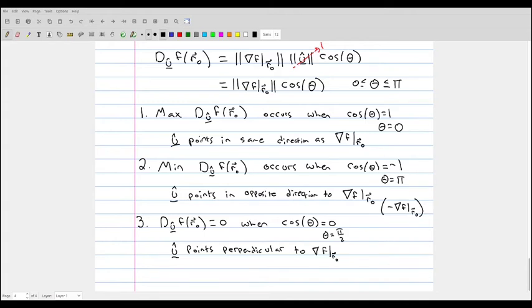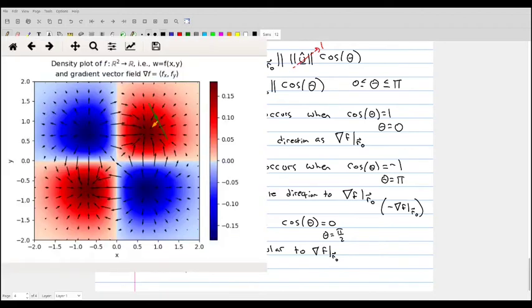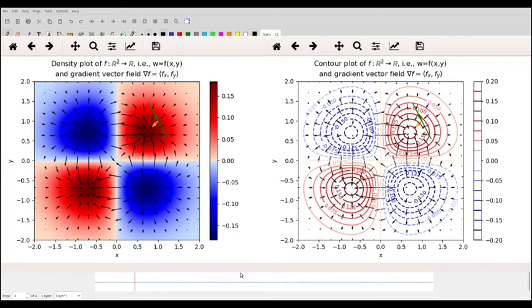If we open up our plots from before, we can directly see this. Looking at the plots from the previous example, and we'll look at these level curves right here, the directional derivative in this direction was negative because the function decreases if you move in this direction.